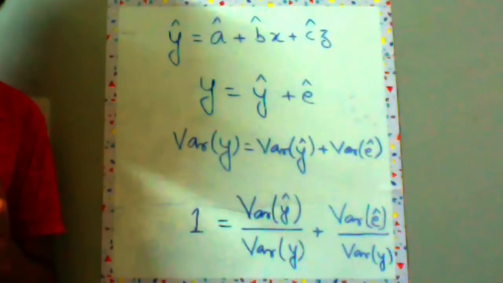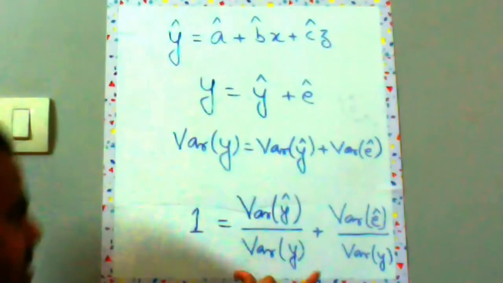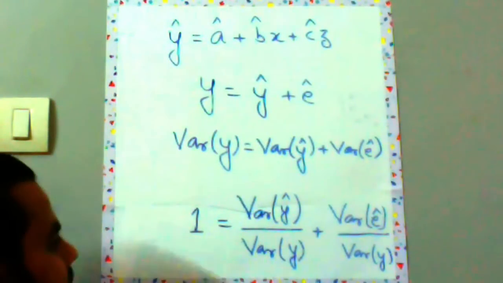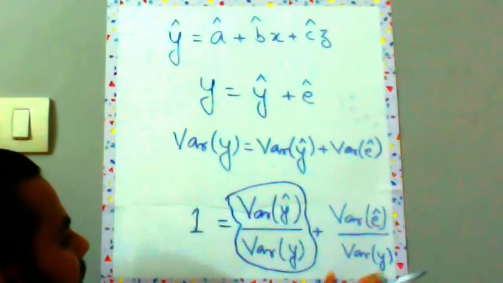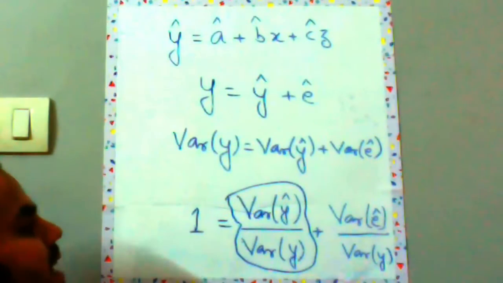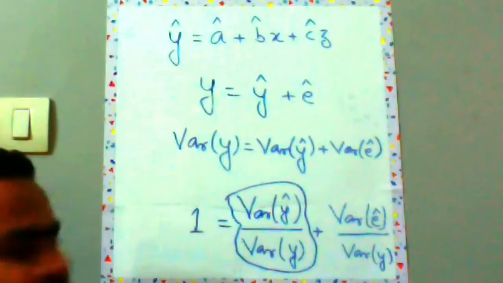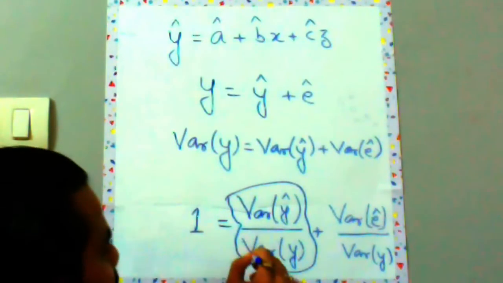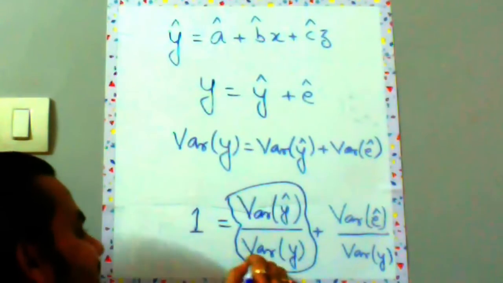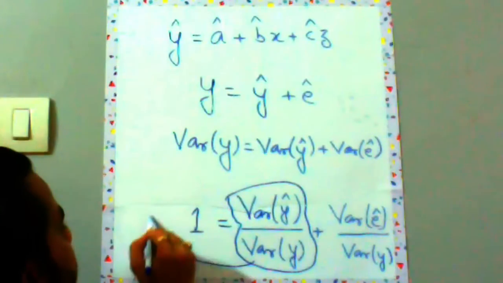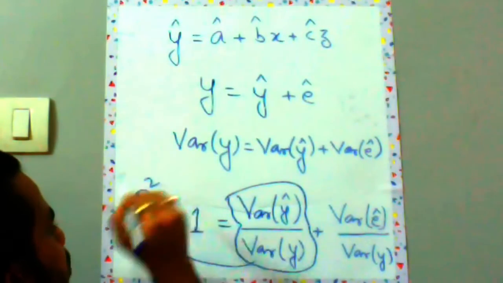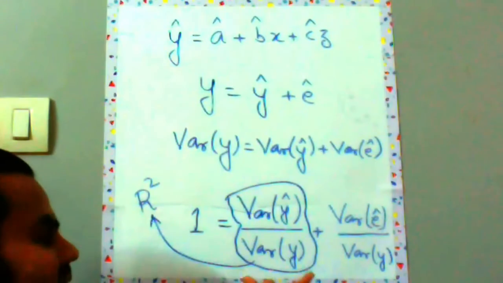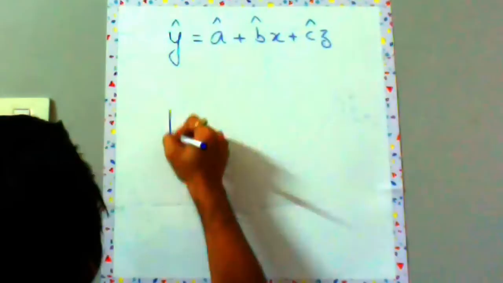And you can recall that this quantity over here is the proportion of variance explained by the model, and this is the unexplained proportion of variation. So this one, if you recall, is going to be your coefficient of determination, or R square. So let's just write this thing down again neatly.